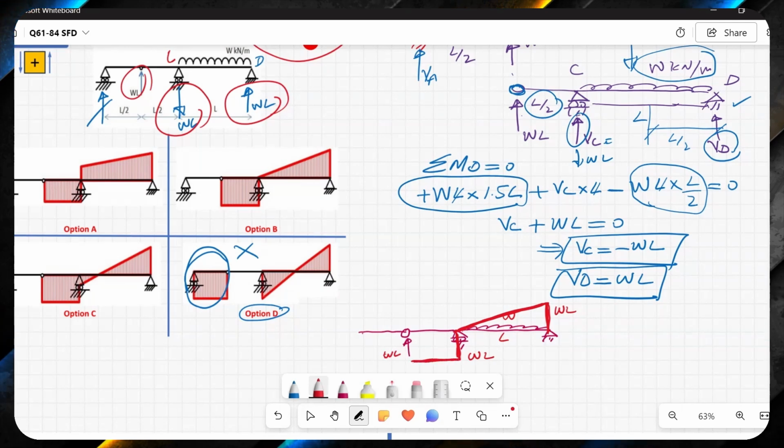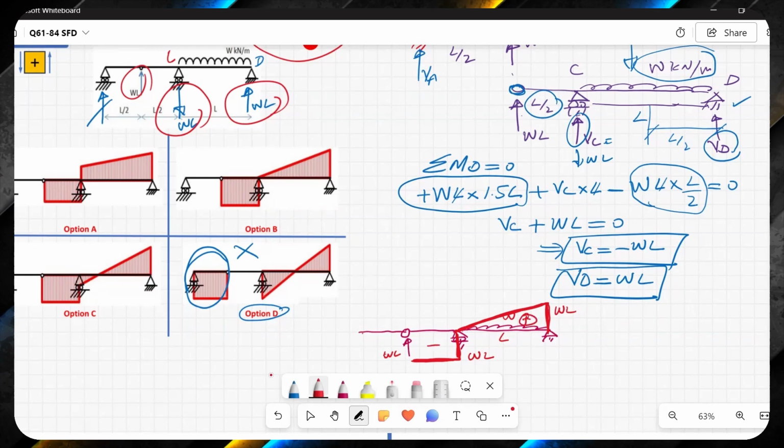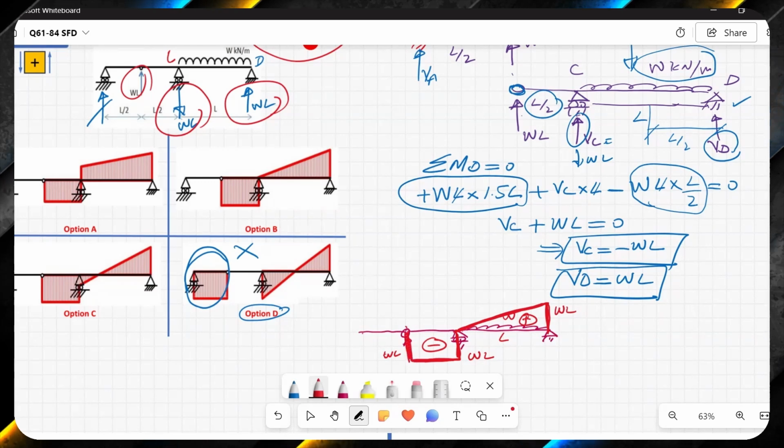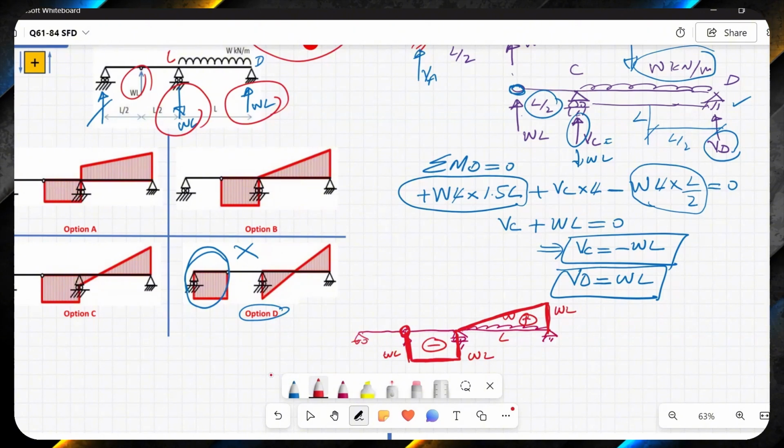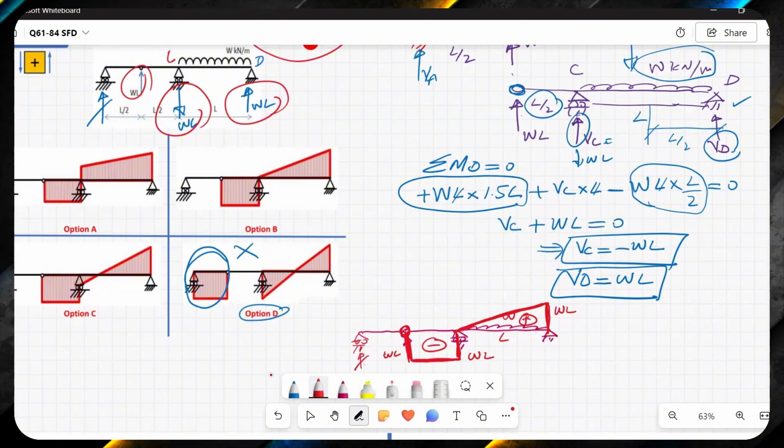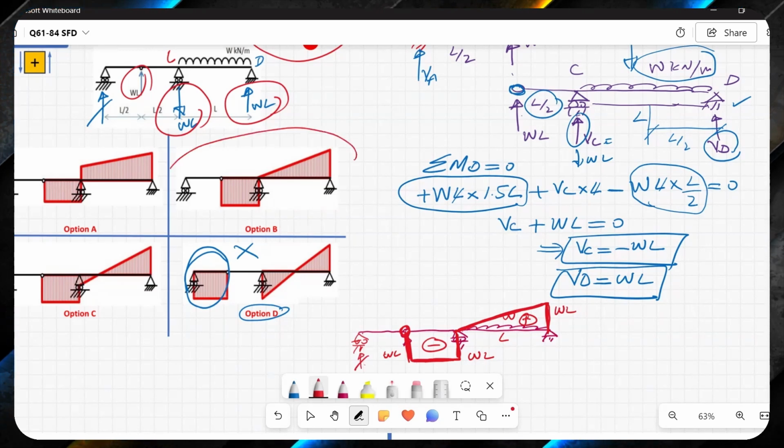Between the pin and roller support I don't have anything. This is positive and this is negative. So minus WL plus WL will bring it over here, and between the internal pin and outside roller support I have got no reaction. Reaction here was 0. So it means the correct option is option B.